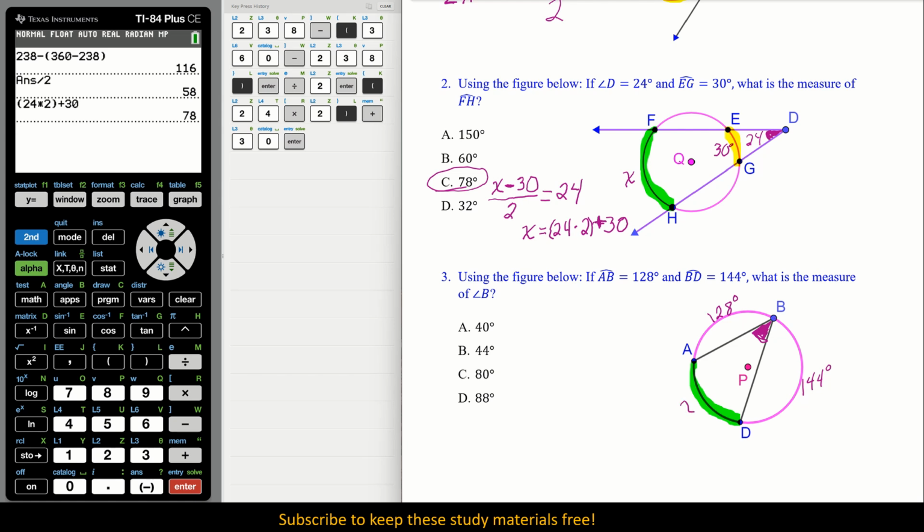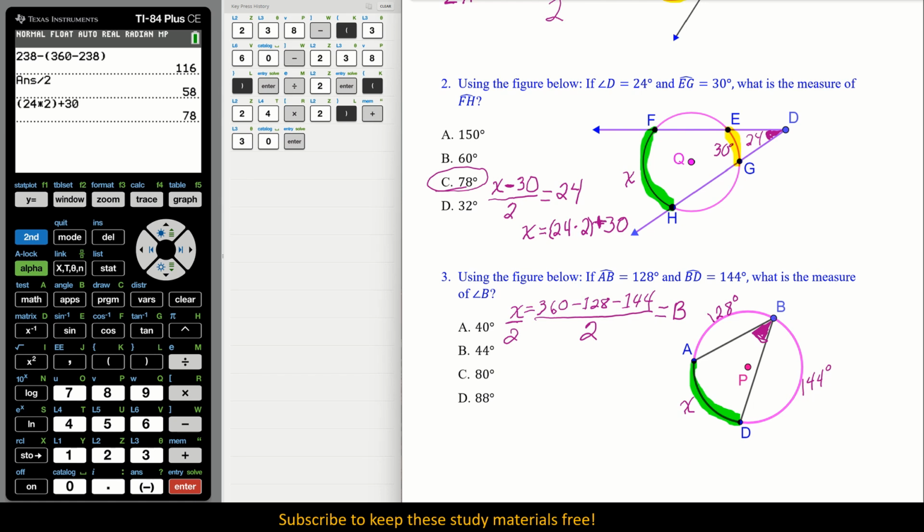I'll call it X, and X equals 360 degrees minus 128 minus 144. Then I have that arc length. Actually, I'm dividing X by 2, and that will give me B.